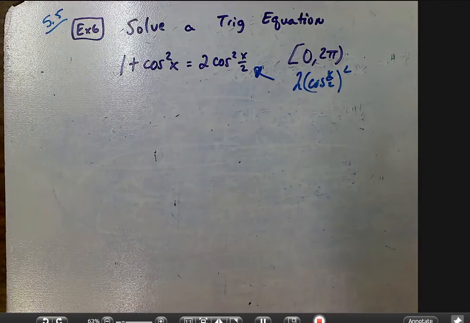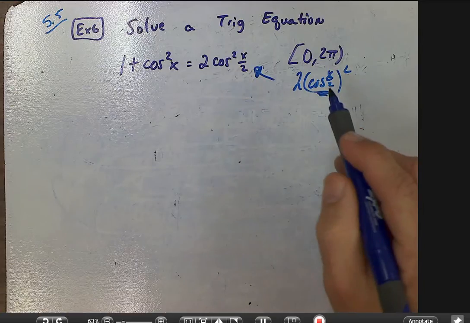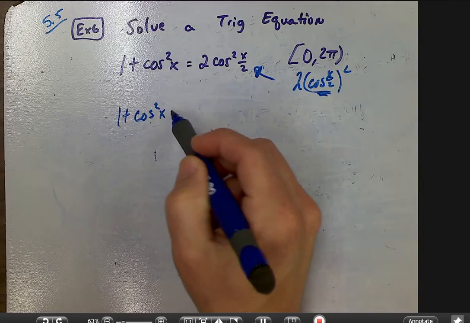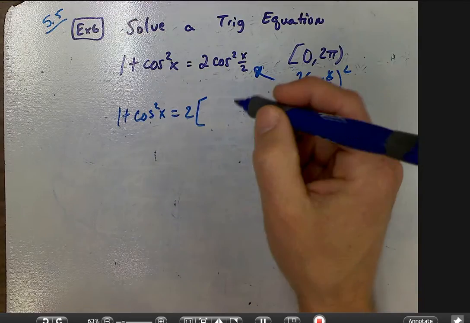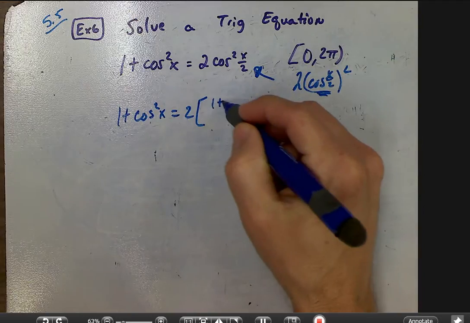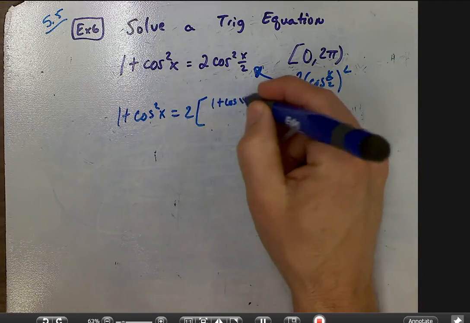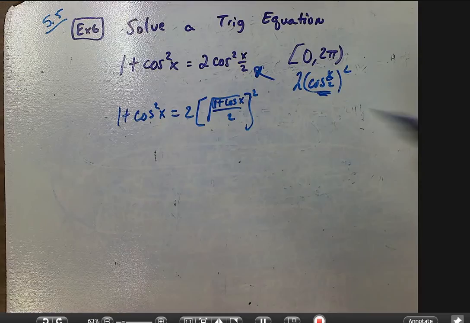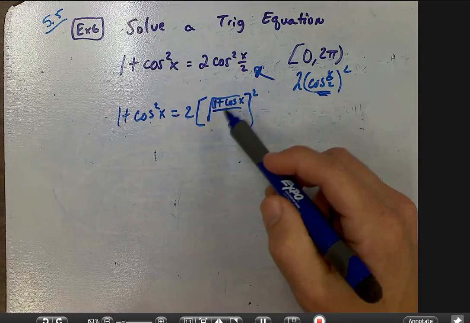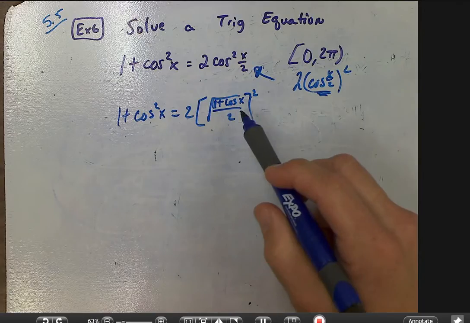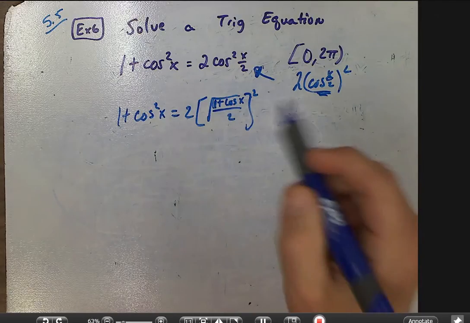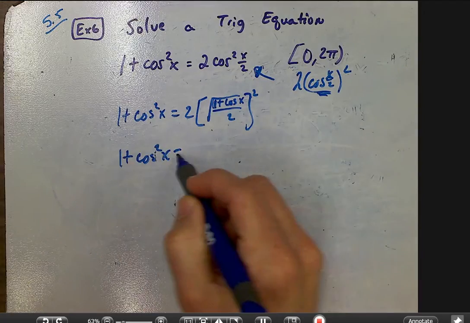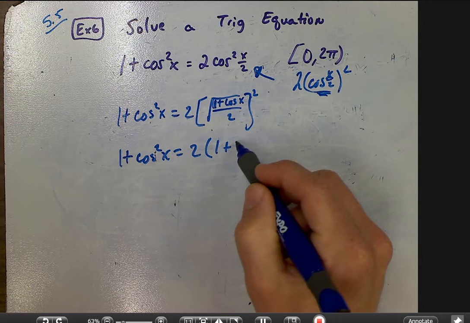Just rewrite it in a different way, and I'm going to replace cosine of x over 2 with the half angle formula, the square root of 1 plus cosine x over 2, quantity squared. Since I'm squaring a square root, it becomes 1 plus the cosine squared of x equals 2 times 1 plus the cosine of x.